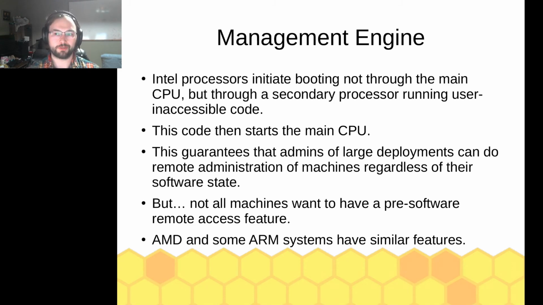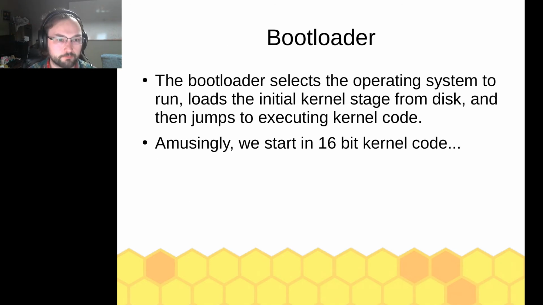Hardware can have issues. We know Intel hardware can have issues. There was the whole Spectre, Meltdown, ZombieLoad family of hardware security issues that we've had recently. The management engine is just another category of things that can go wrong in modern processors.